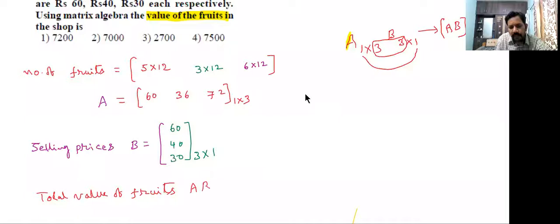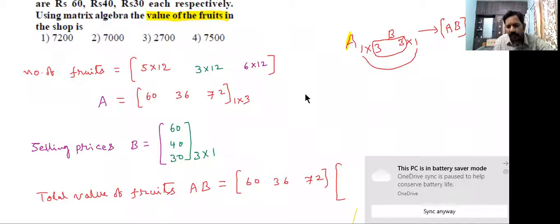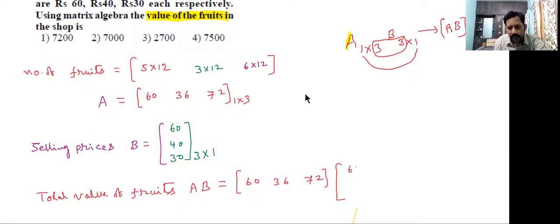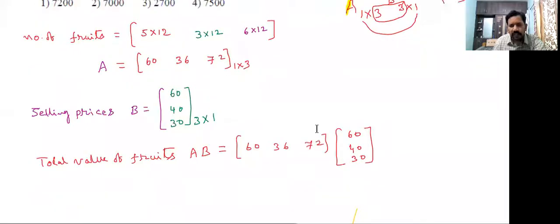AB is equal to the multiplication of both matrices. The A matrix is 60, 36, 72. And the B matrix? 60, 40, 30. Multiply these two matrices.